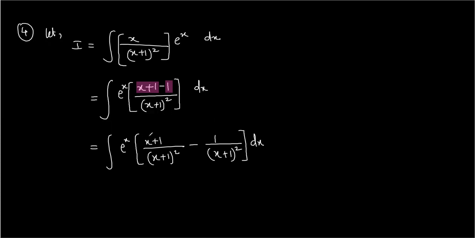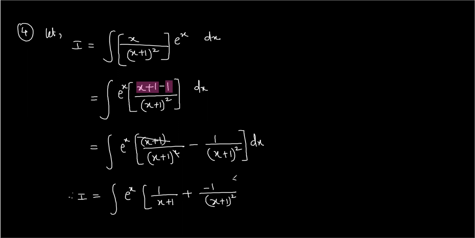So what do you get? You get one x plus 1 cancelled, right? Because you have numerator x plus 1 and the denominator x plus 1 square. So one x plus 1 will cancel. Therefore I equals e raised to x, and you have here 1 upon x plus 1, and this one I write as plus minus 1 upon x plus 1 square.